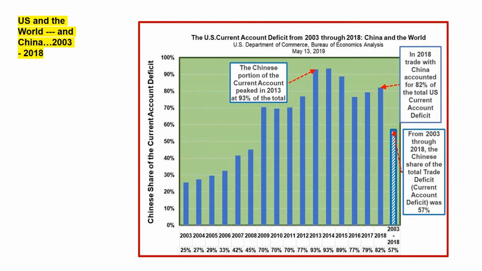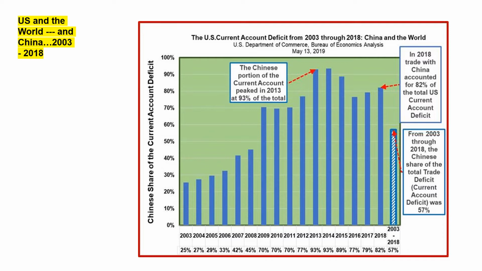So continuing on, looking at what this is really all about, this current account deficit with China and how it's developed over the years. It was not quite so high going back early on, but it has progressively gotten worse, to the point that in 2018, trade with China accounted for 82% of the total U.S. current account deficit. In 2013, 93%.